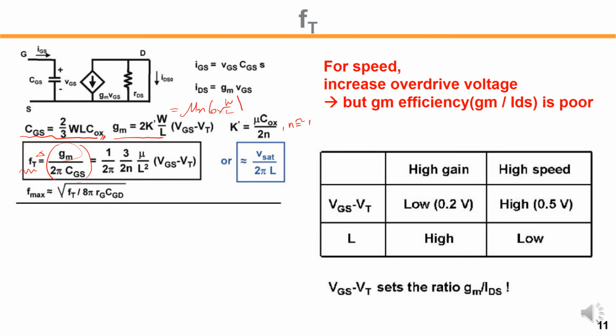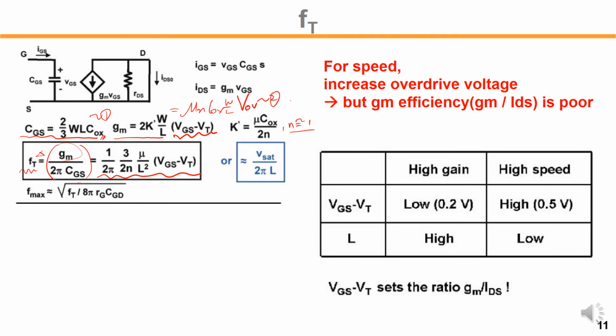Putting equations 1 and 2 into this ft, the final ft becomes like this. So n is approximately 1 here.